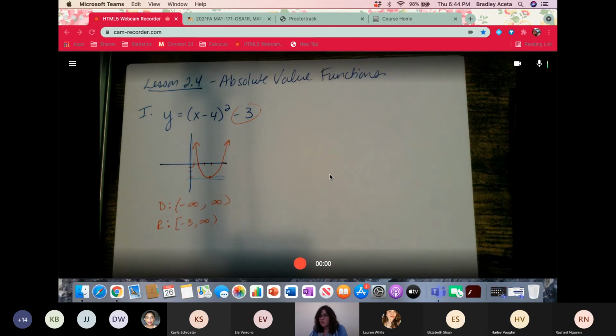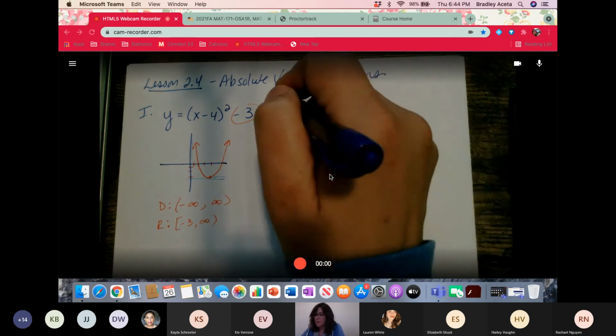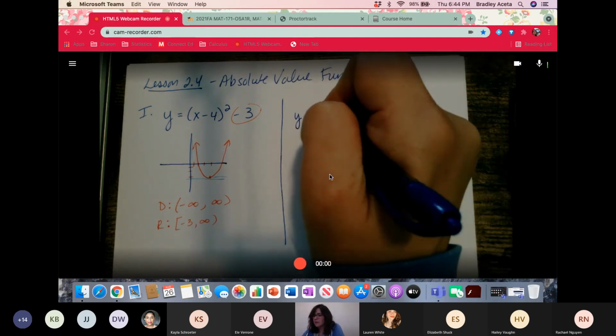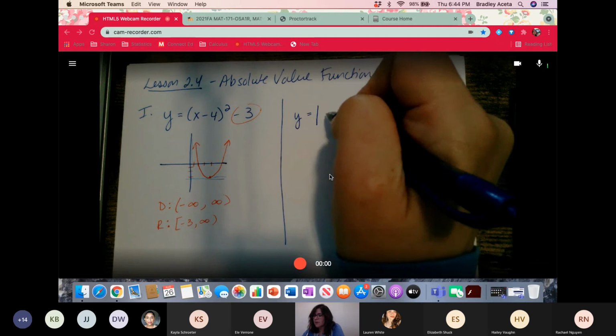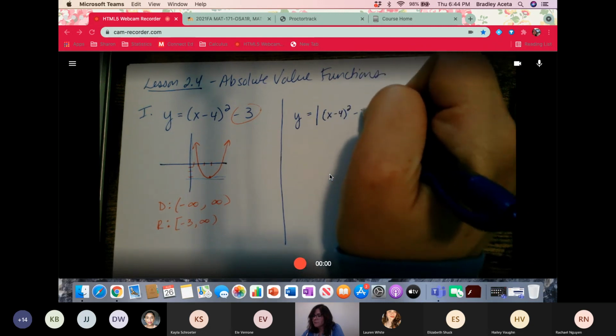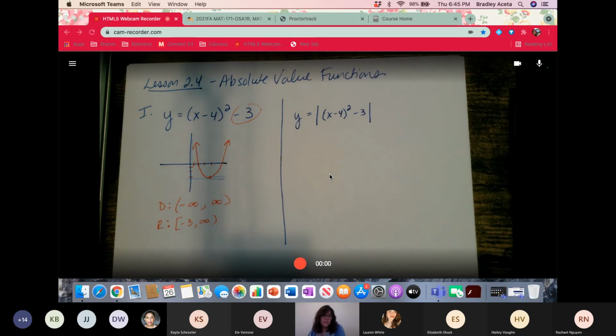Now, this is what's cool about this absolute value function. What happens when you put an absolute value around that entire function? So what's really neat is, think about it.